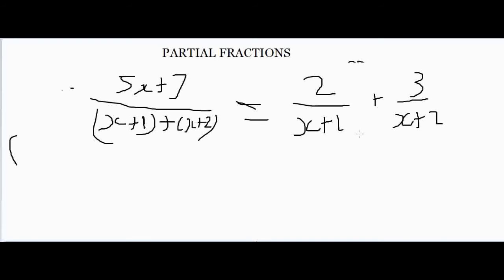So in other words, that's how you separate a fraction like this into two parts with only one term in the numerator. So this is the basis of it. Now let's look at what would happen if we had a proper fraction with repeated linear factors.